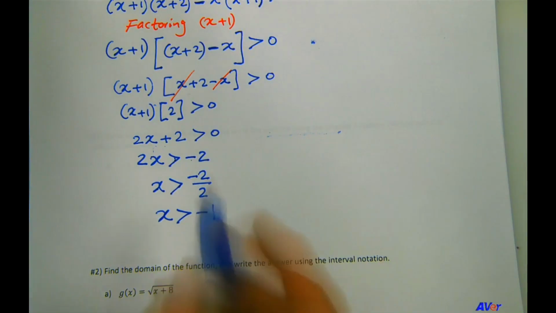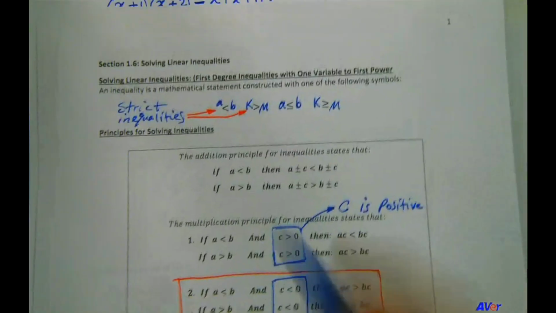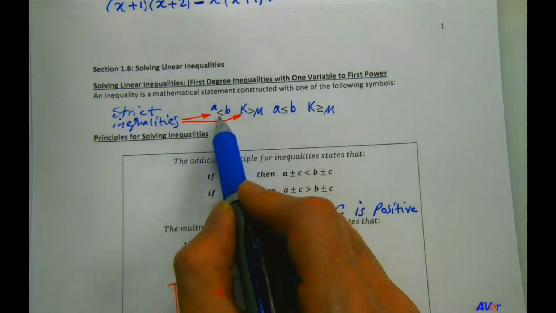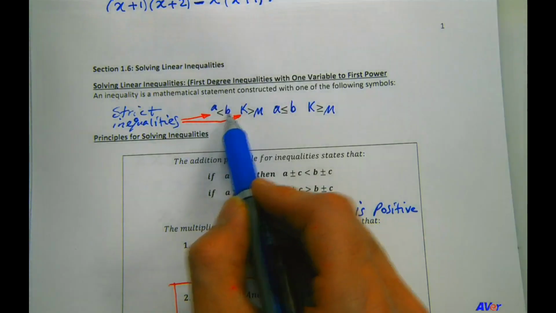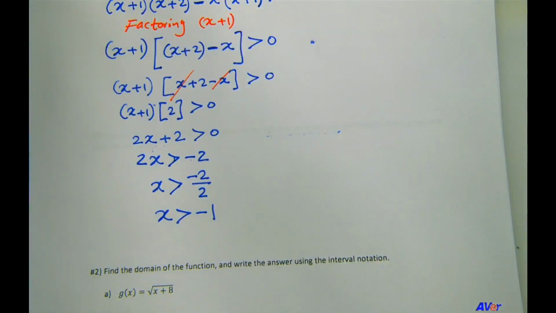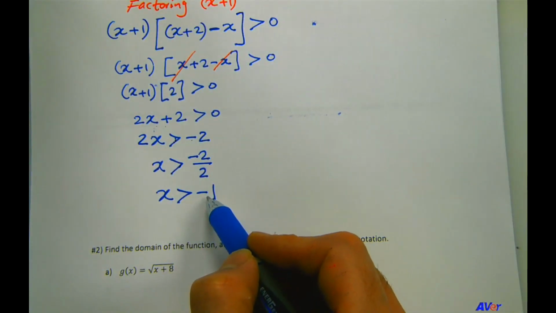Okay? Remember that this was a strict inequality, right? This was one of those two that we mentioned on the first page. That's a strict inequality. It means that the left can never be equal to the right. So in this case, x can never be equal to negative 1, right?